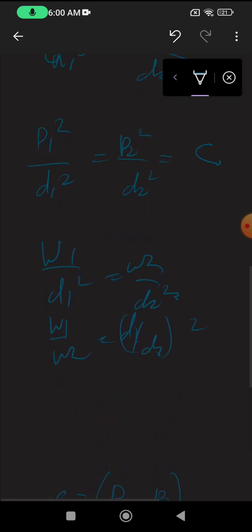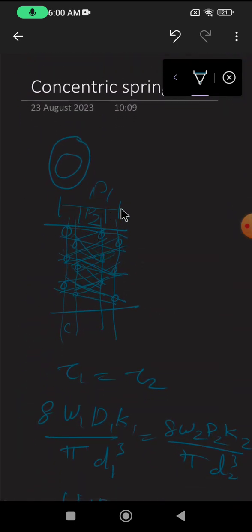D1 upon 2 means this half, minus D2 upon 2, this half. So this full minus this, we are left with this, but we still need to subtract the wire diameters, so it will be minus d1 upon 2 plus d2 upon 2. So this is the radial clearance between two springs.